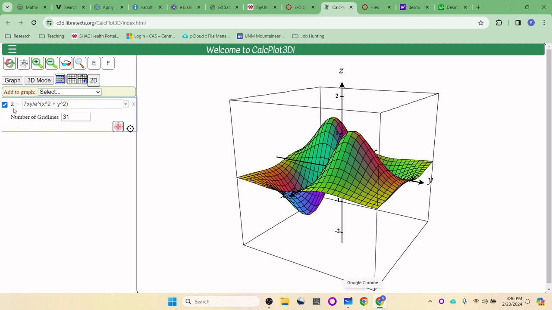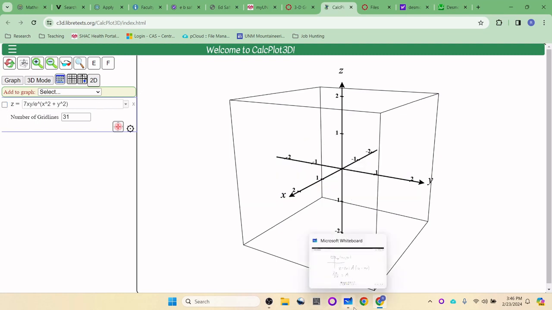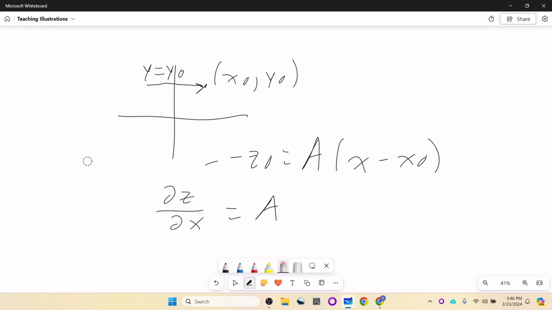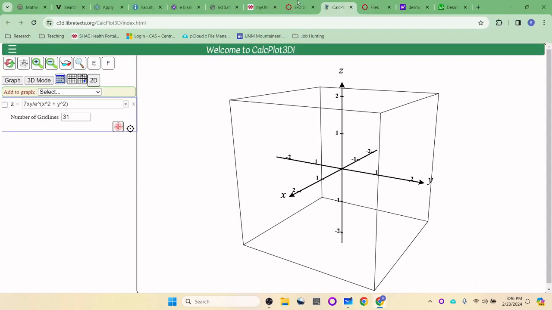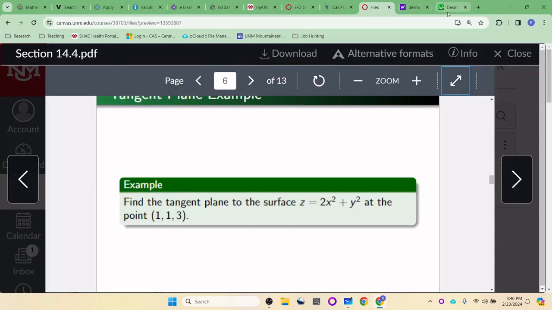But let's start off by doing it algebraically. So our function was z equals 2x squared plus y squared at the point 1, 1, 3.